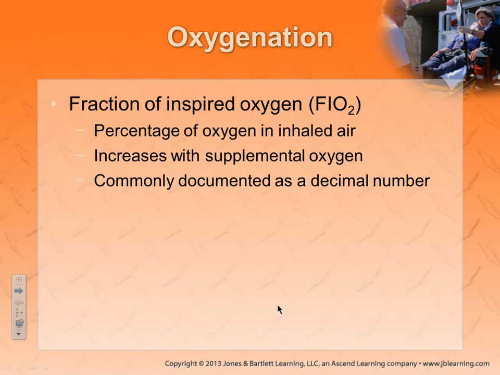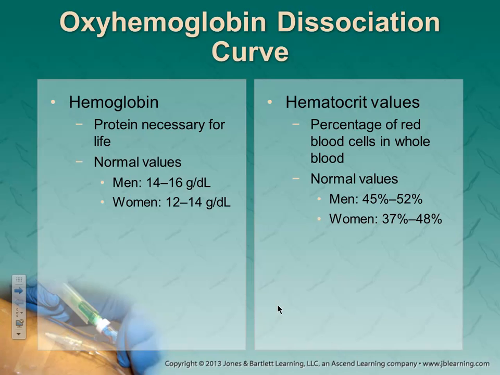It's always in percentages. 21% is the FiO2 of atmospheric air. 100% is the FiO2 of a non-rebreather mask because we're giving them nothing mixed with that oxygen but just straight oxygen. Alright.